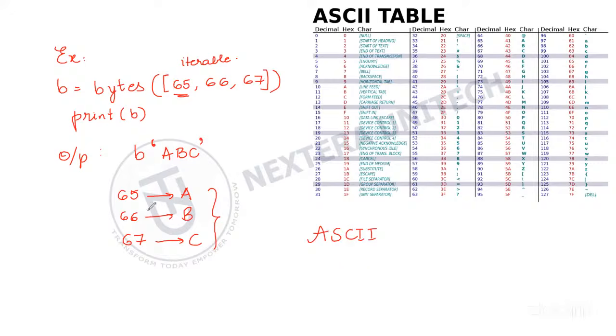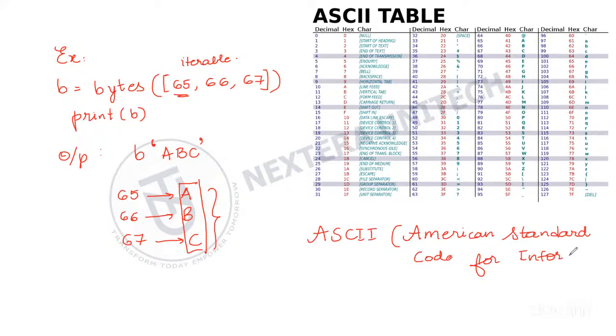These are the ASCII values of your characters A, B, C. ASCII is nothing but American Standard Code for Information Interchange. The ASCII system is a system which assigns numbers to your characters.